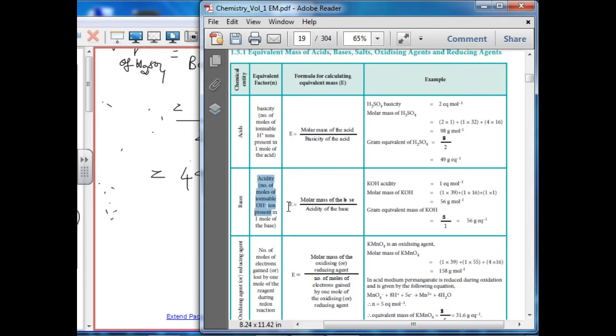Next one is the gram equivalent mass of base. The formula: gram equivalent mass of base equal to molar mass divided by acidity of the base. What is acidity? Acidity means the number of replaceable hydroxyl groups present in one molecule of the base is known as acidity of base.